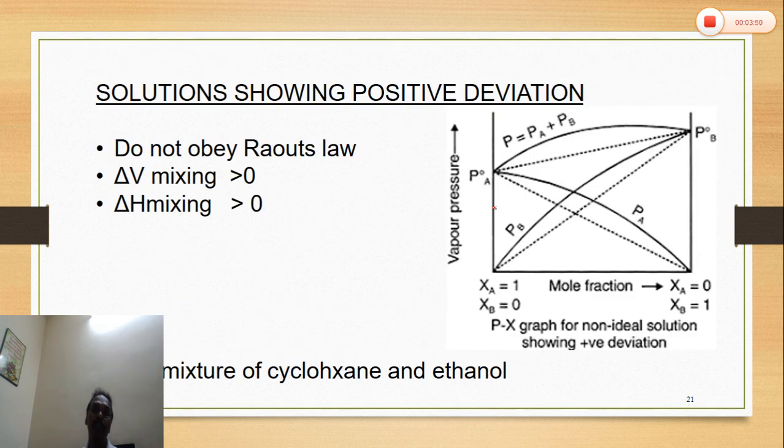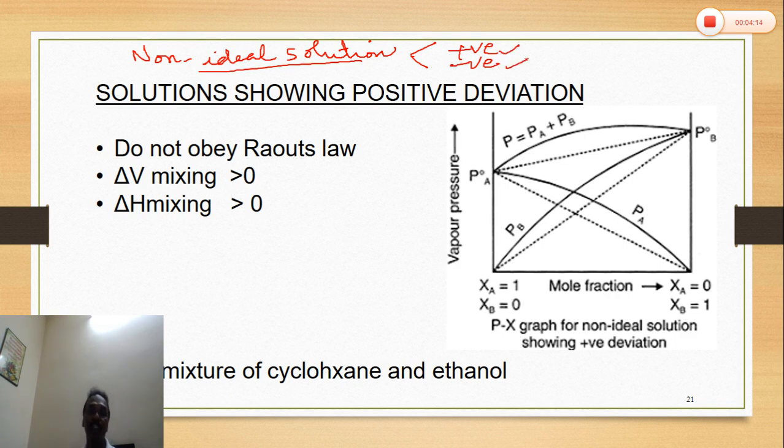Now, non-ideal solution. Solutions which do not obey Raoult's law are called non-ideal solutions. Non-ideal solutions are of two types: positive deviation and negative deviation.